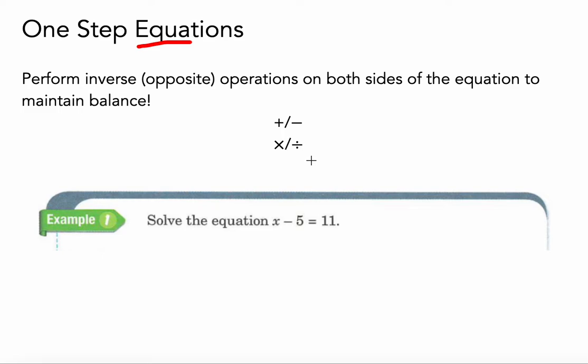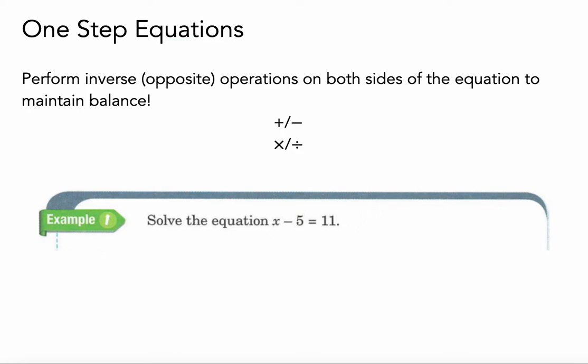We're going to go over this first example without using a scale, but using the same concept of a scale. We're going to solve it algebraically, so we're just going to do our math as opposed to drawing pictures. As a reminder, this equal sign is like the balancer in your scale. It shows that x minus 5 is equal to 11 on the right-hand side.